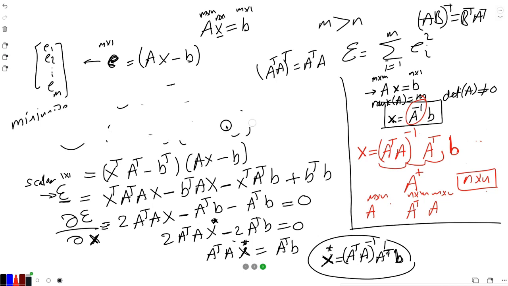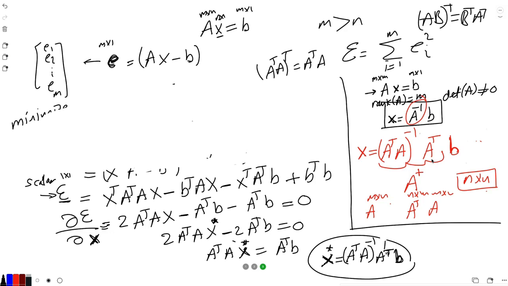Sometimes even if A transpose times A has an inverse, it is quite common that it is an ill-conditioned matrix, and when it is ill-conditioned, the inverse of this matrix will have very large numerical errors. In that case, this equation can be modified a little bit in order to find the solution.